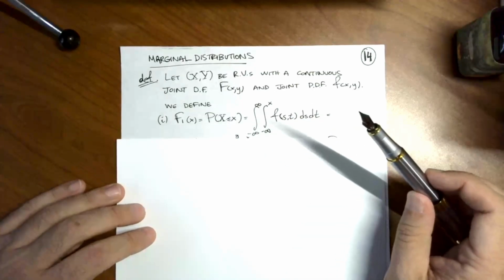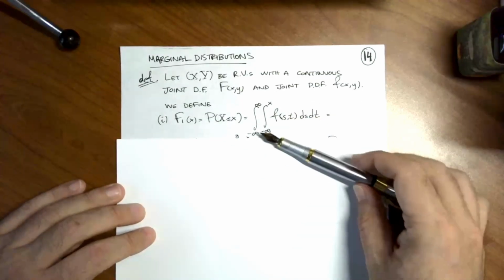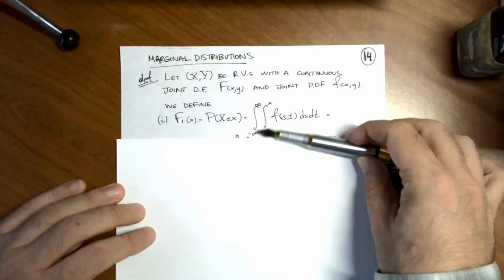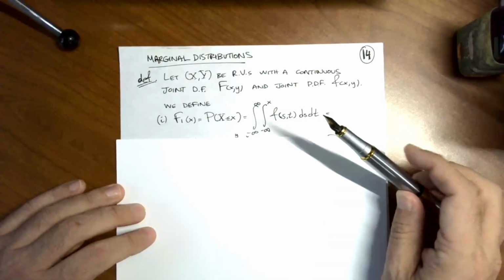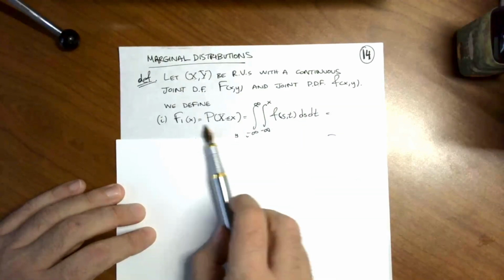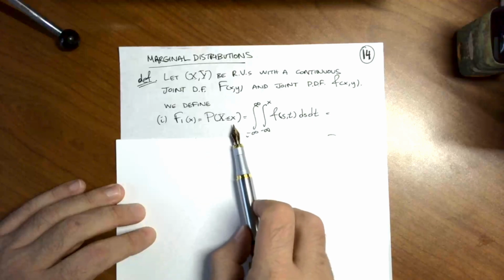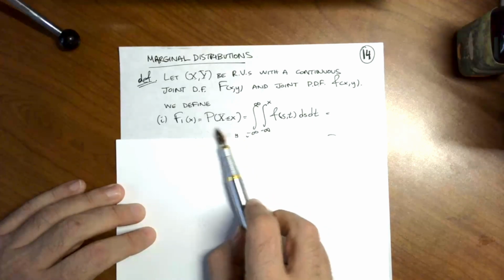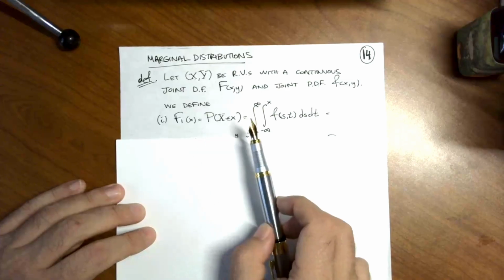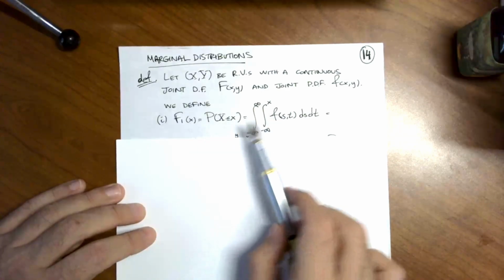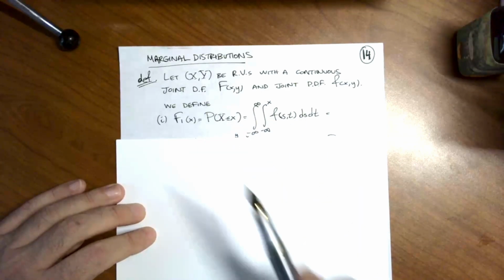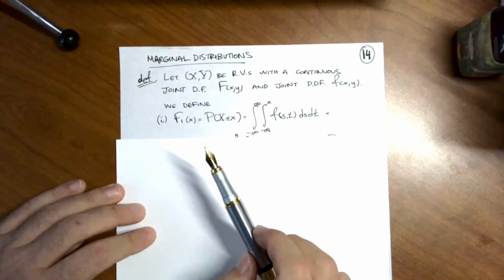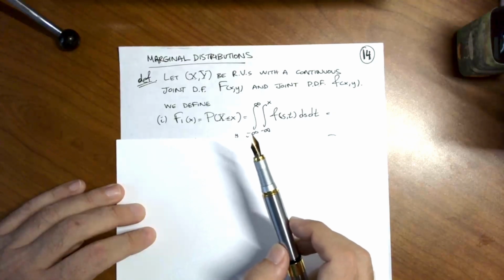What is the meaning of this? We are going to be agnostic about the value of y. We are not going to define a probability where y is constrained by any value. We let y take all possible values in this summation exercise, and we only focus on the behavior with respect to x.